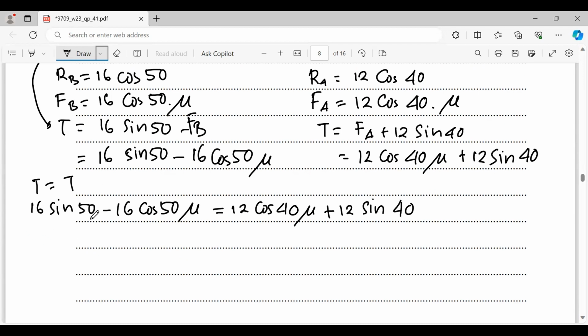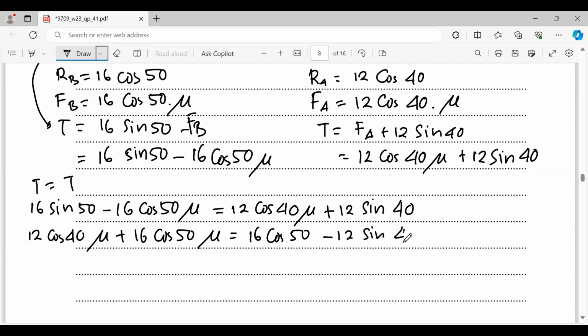Now regrouping. Moving the 16 cosine 50 mu to the right side, joining with 12 cosine 40 mu, it becomes 12 cosine 40 mu plus 16 cosine 50 mu equals 16 sine 50 minus 12 sine 40.